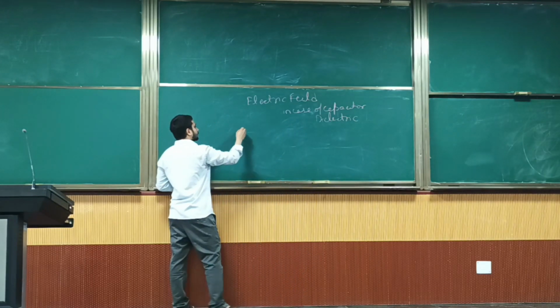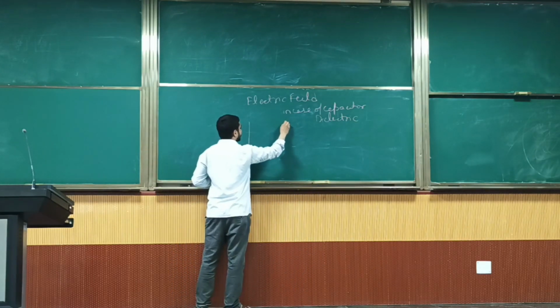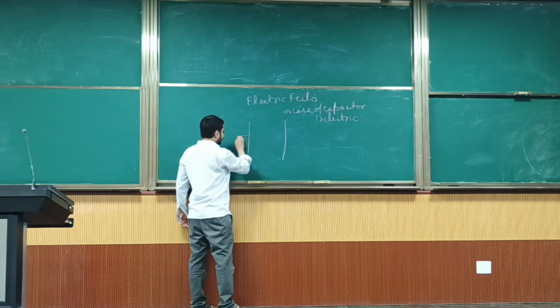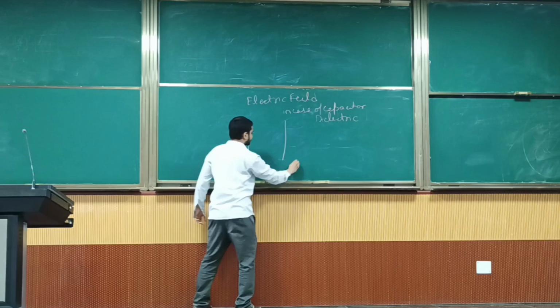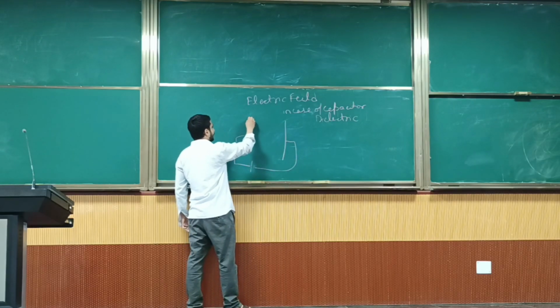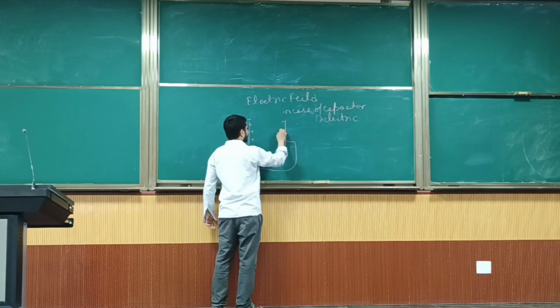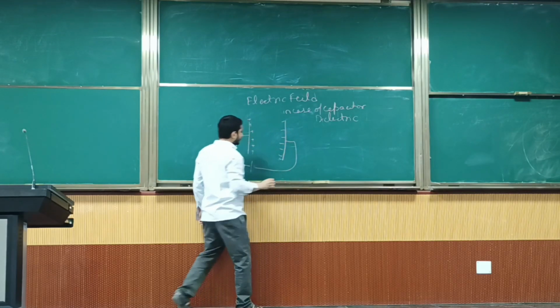So suppose that there is a capacitor which is having these two plates. Suppose that the battery is connected like this, so here it will be having positive charge because it is connected to the positive terminal and this is the negative.